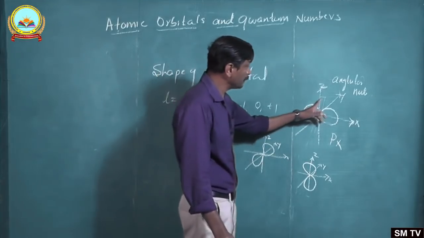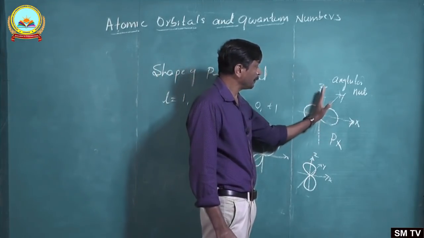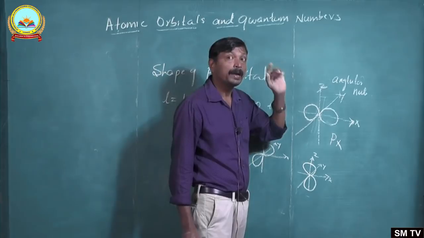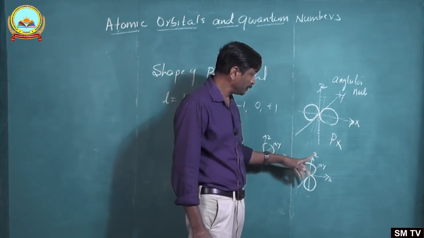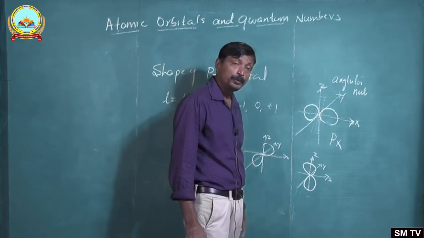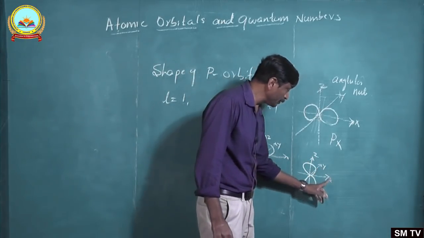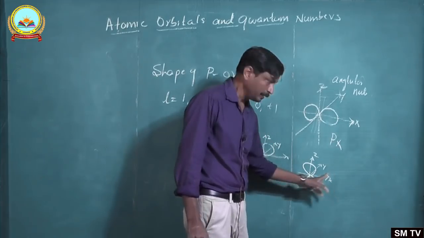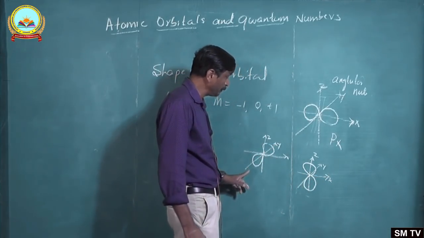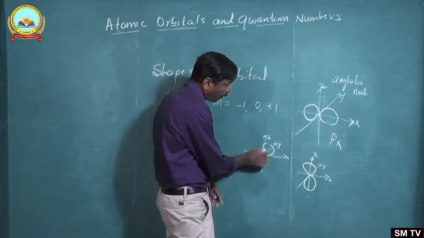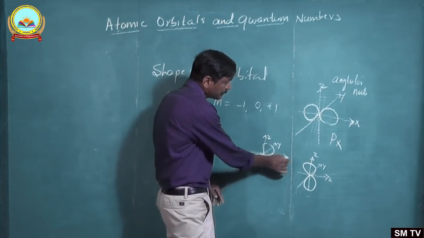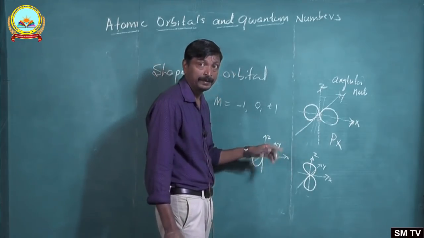How many angular nodes are there? For each p orbital there is one angular node. For pz, you don't have electron density at the xy plane. For py, you don't have electron density in the xz plane.